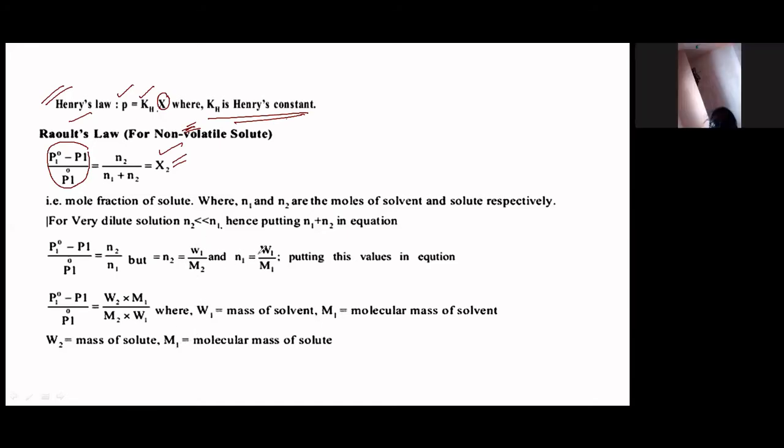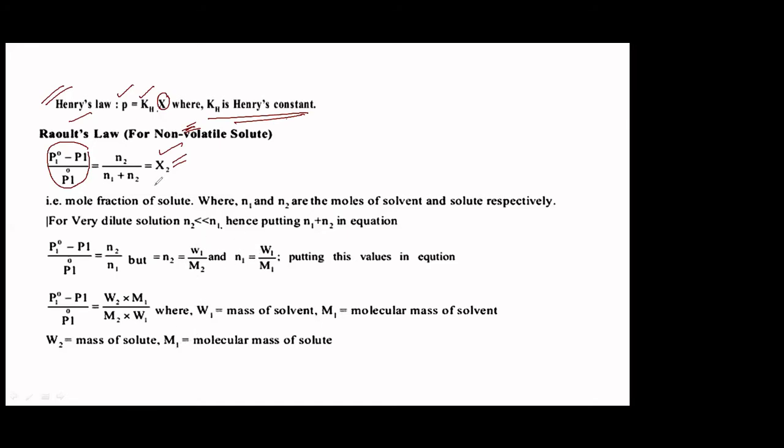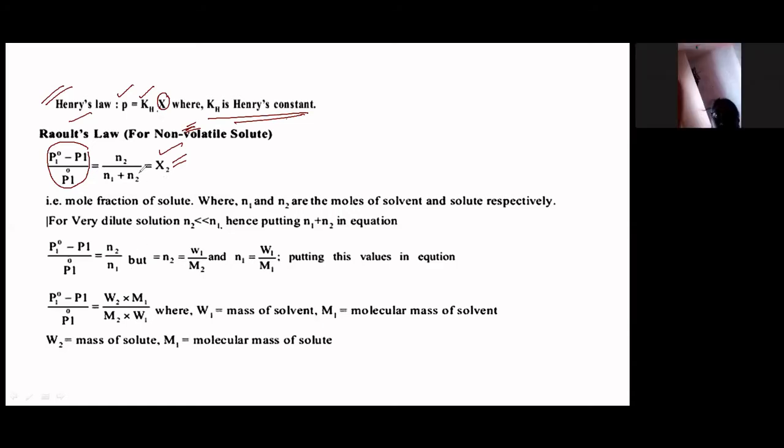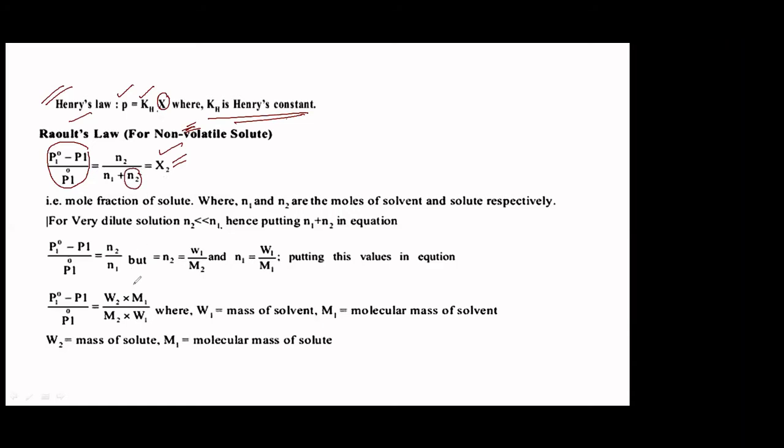Okay, so in this case, if it is very, very less, that is, if the solution is very dilute, then you can neglect the number of moles of the solute in the denominator. You can write it like this. This is for a dilute solution.